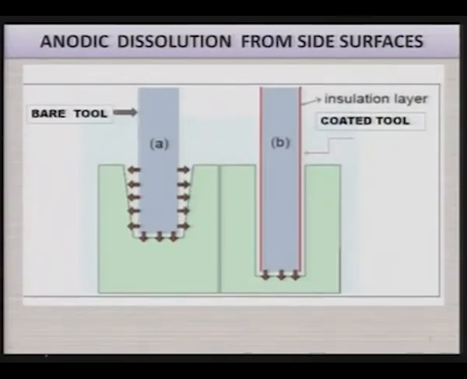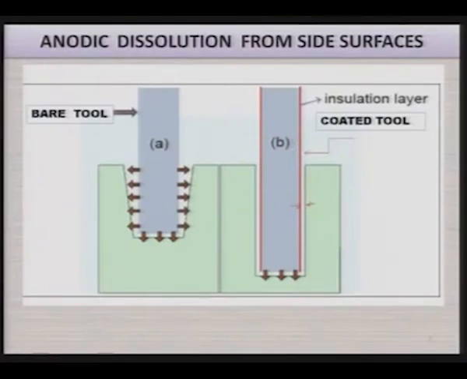Now, this gives just a schematic diagram of how the dissolution is taking place in case of insulated tool and bare tool. Now, in case of insulated tool, which is fully insulated, only the bottom part is bare. So, you can see the inter-electrode gap in case of insulated tool is constant in the side gap or side zone, while the same is true in case of front zone.